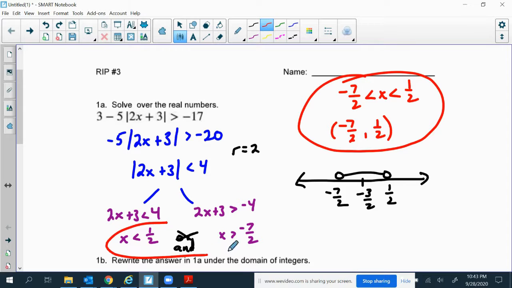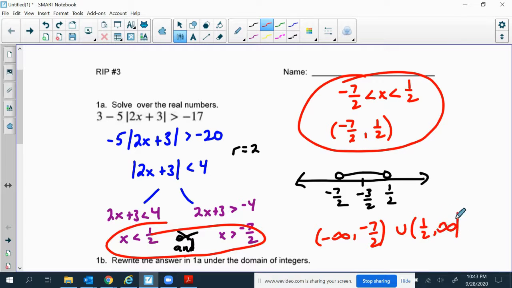Now, some people took this and then said something like negative infinity to negative 7/2 union 1/2 to infinity. And that is incorrect, because that would represent the graph that goes off like this, from negative infinity to negative 7/2 and 1/2 to infinity. So just be careful on how you represent your answer.